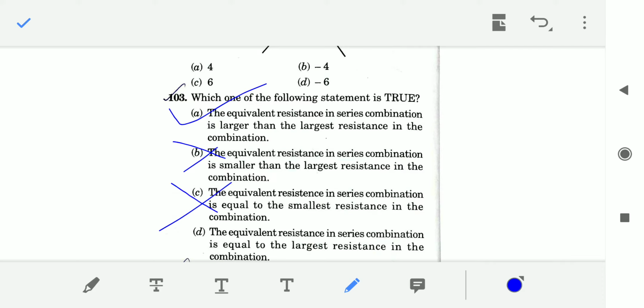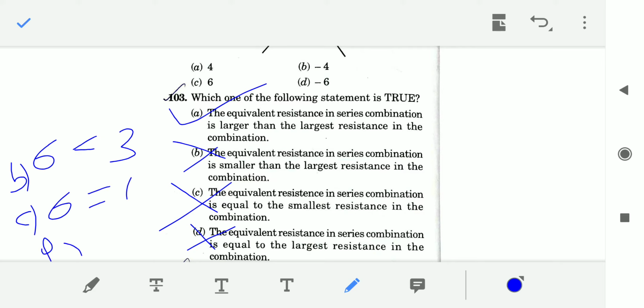And option D, the equivalent resistance is equal to the largest resistance, that is also wrong. In option B, 6 is less than 3; in option C, 6 is equal to 1; in option D, 6 is equal to the largest value, that is 3; and in option A, 6 is greater than 3. So option A is right. The answer is option A.